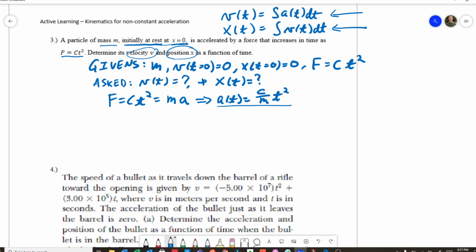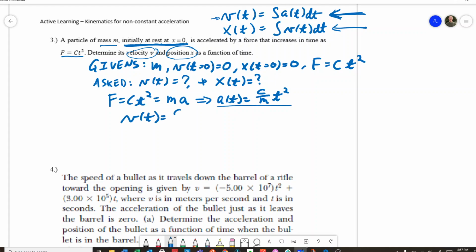So that's helpful. Now I can use this equation here to get the velocity. To find the velocity, I'm going to take an indefinite integral of acceleration as a function of time over time, and then I will use the boundary values, or the initial conditions, to get the constants of integration. So let's try that.